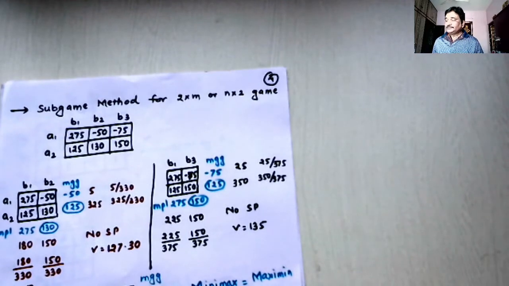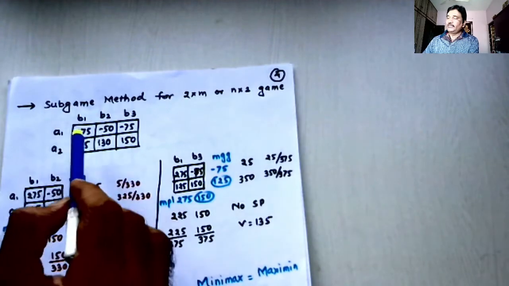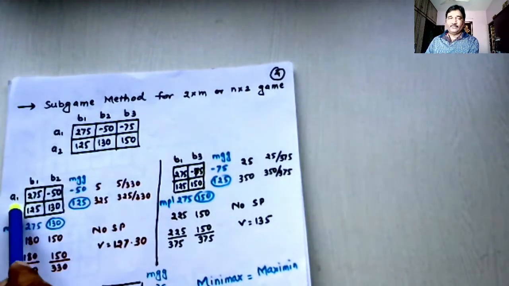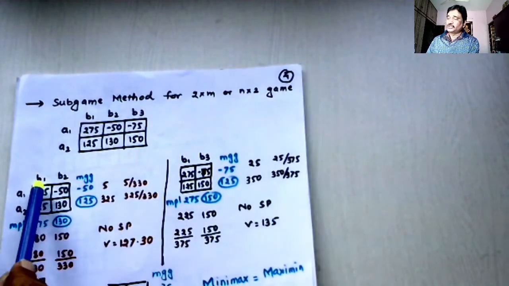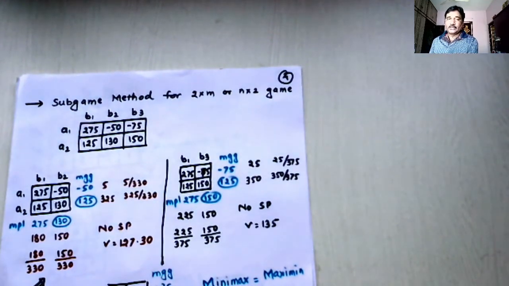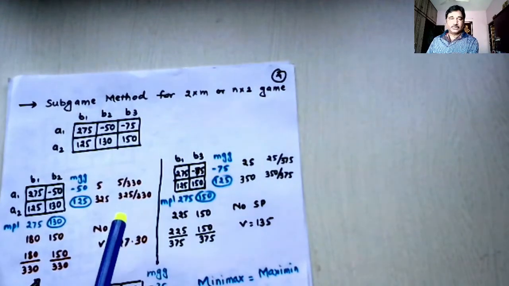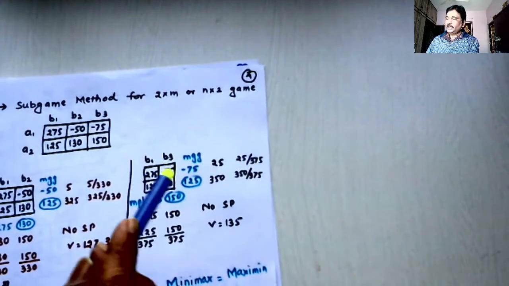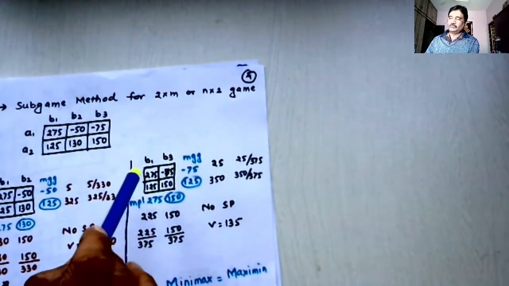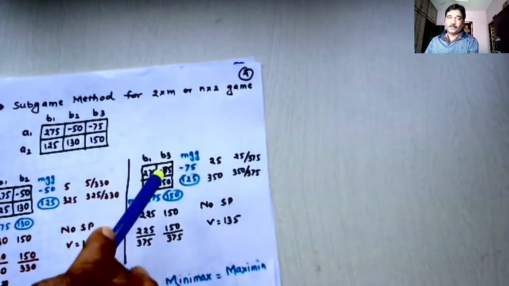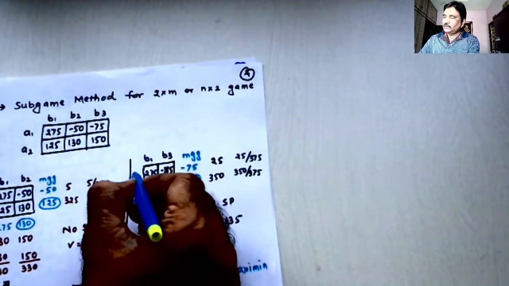So what is done? First of all, I'll be breaking this game in which player A will be having courses of action A1, A2. Player B will be choosing to play B1, B2, right? And in the second sub game, player B will be choosing to play B1 and B3. Player A still will be playing A1, A2.